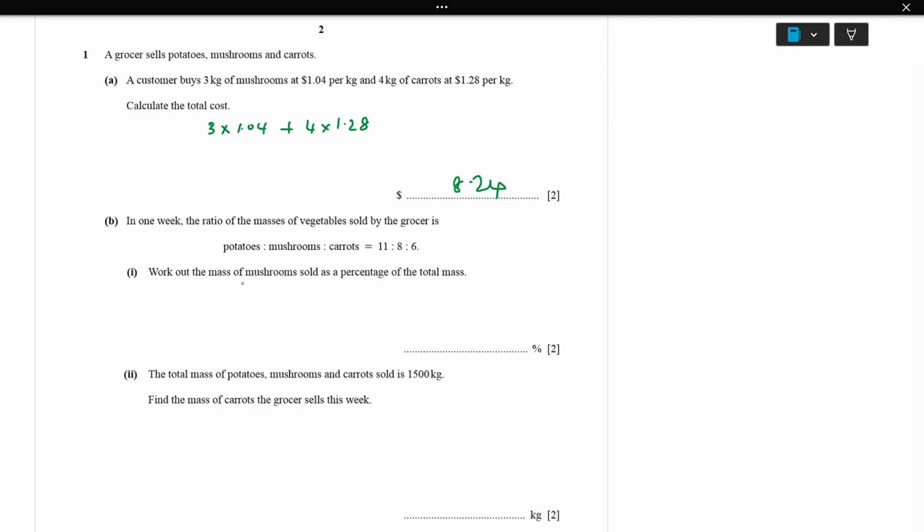The mushroom ratio is 8. The total ratio is 11 plus 8 plus 6, which is 25. So 8 divided by 25 times 100, because we need to change it to a percentage. The answer is 32 percent.